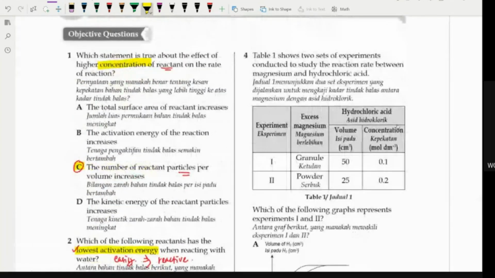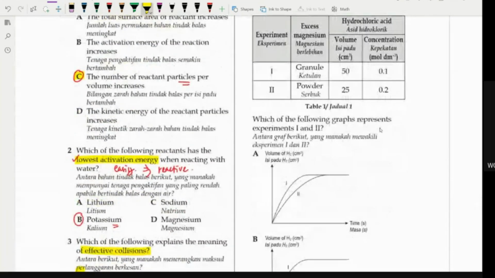Okay, we check. First we look into the rate of reaction. Set 1, set 2, which one has the higher rate, class? This one is powder with higher concentration, correct? So set 2 has the higher rate, meaning the gradient will be steeper.